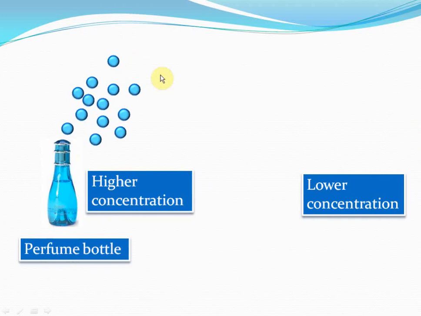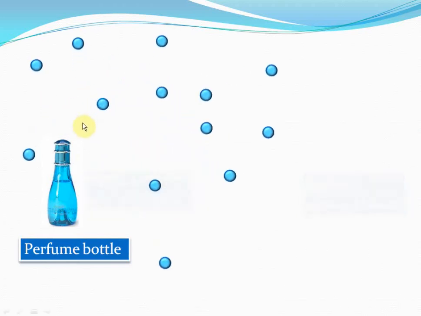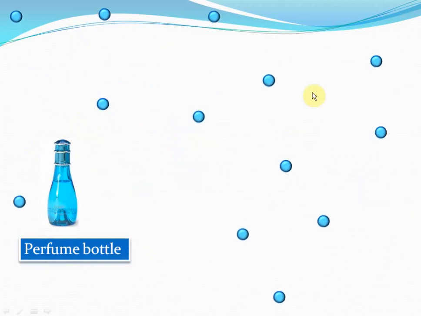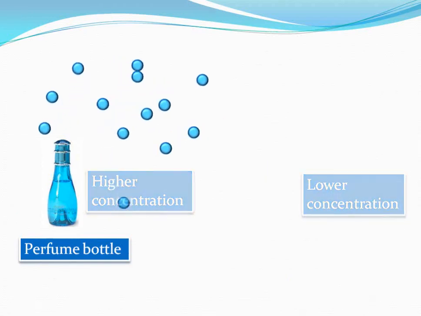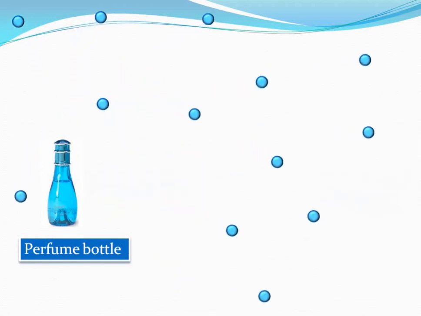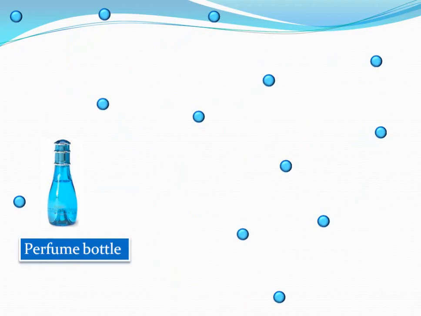So the perfume particles move from their area of higher concentration to their area of lower concentration until the concentration is the same throughout. Understood? And this is called diffusion. This is a very, very important concept related to the direction of motion of matter particles.